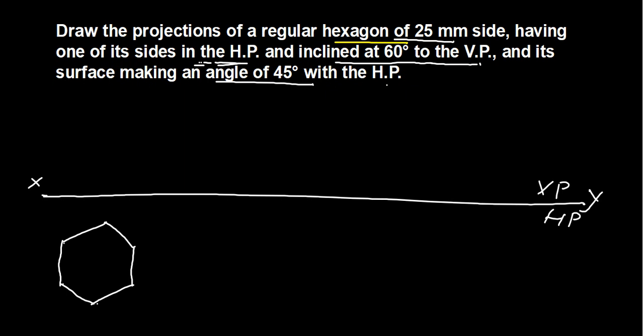Now mention the lettering, you can start with A, B, C, D, E, F. This will be your center. After that, make the projection of all these lines with thin lines. You should make the projection with very thin lines.